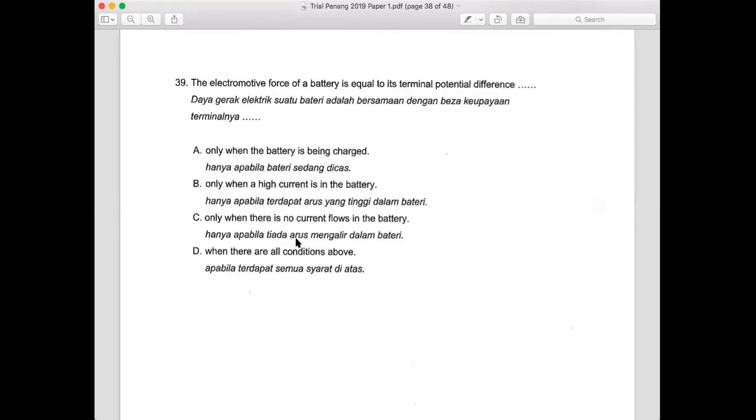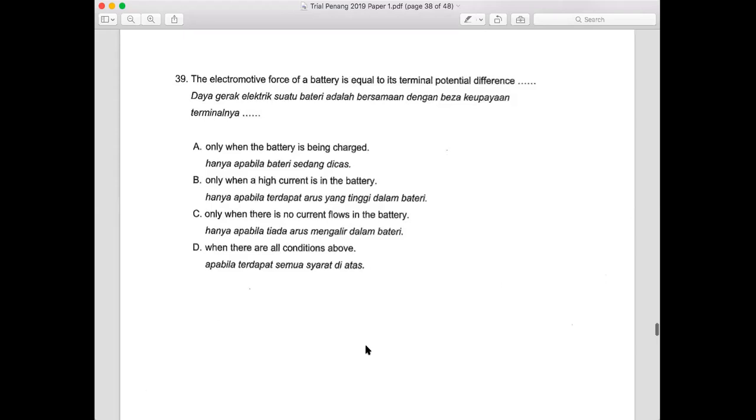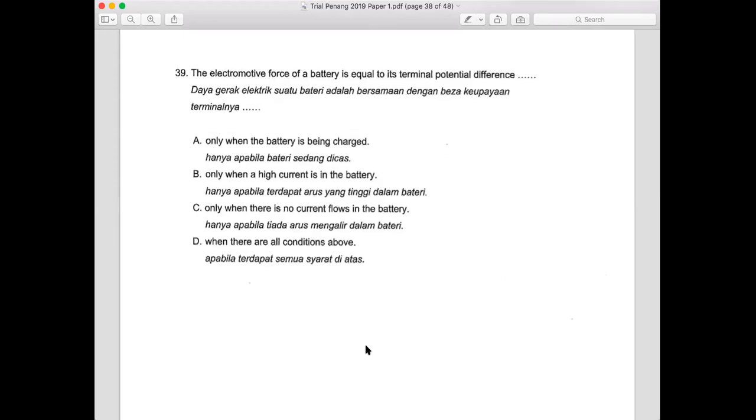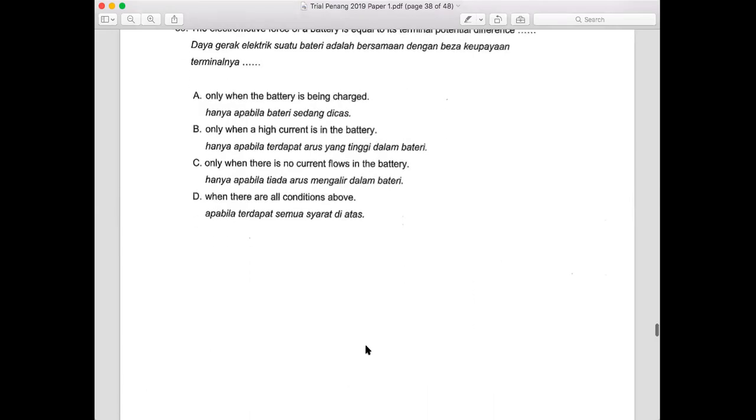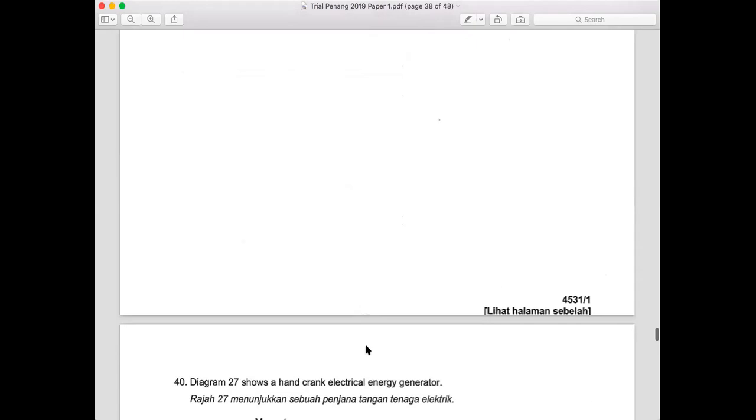Answer C. No current flows in the battery. Good, good. So when I is 0, only then will the terminal potential difference read the electromotive force. Terminal potential difference means the voltmeter across the dry cell. Right, the terminals. So C is correct.